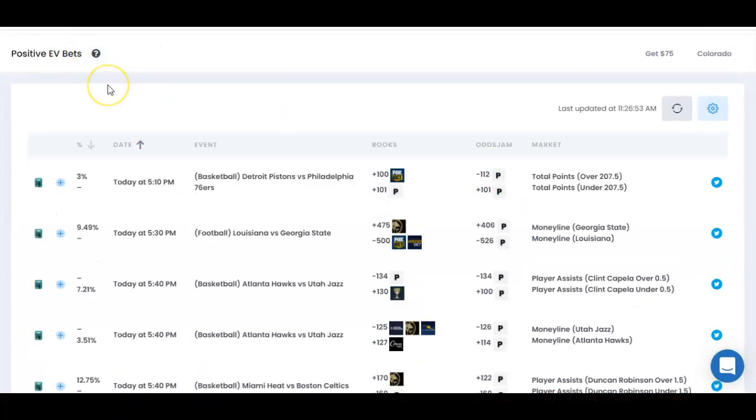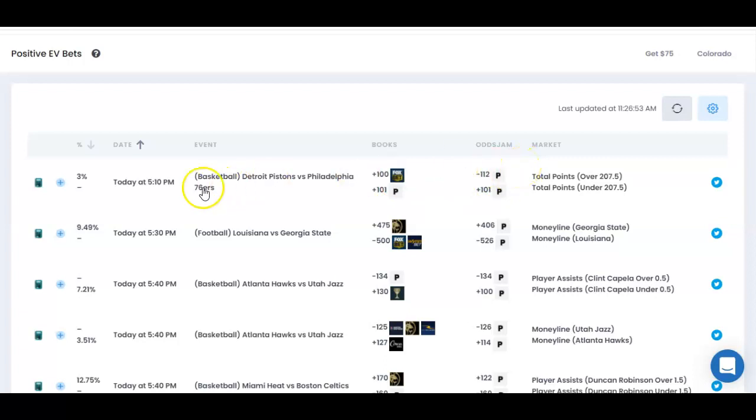Hey guys, we're on the Oddsjam selections for today. Again, I identified a game here with about a 3% edge on a positive EV set, which is total points over 207.5 in the Detroit-Philadelphia game. You can get that at plus 100 at Fox Bet. The Oddsjam perfect line has us at minus 112.